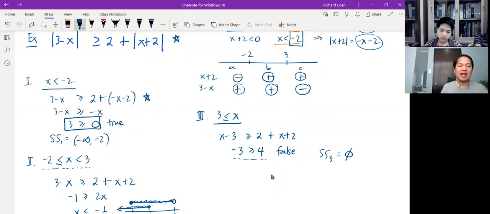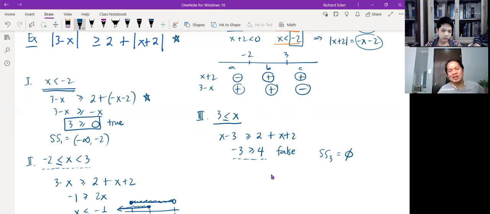So let me compare what happened with case number 1. In case number 1, we had the following two conditions we need to impose. x has to be less than negative 2, and at the same time, we also want 3 to be greater than or equal to 0.